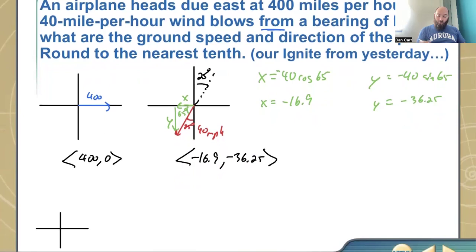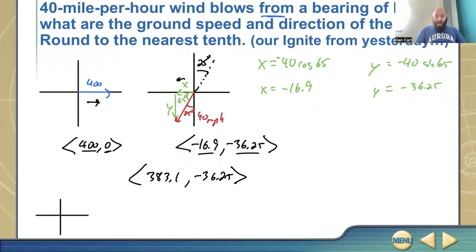From there, for my resultant vector, we're going to combine them, but we're going to end up subtracting. It comes out to a resultant of 383.1, and 0 minus this is just negative 36.25.